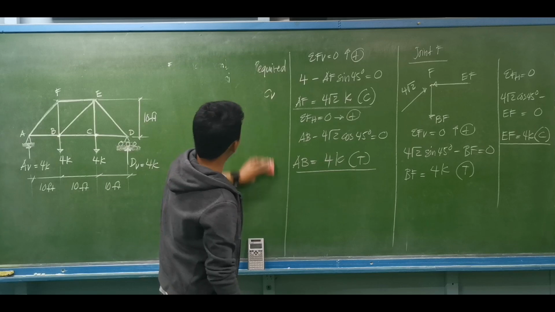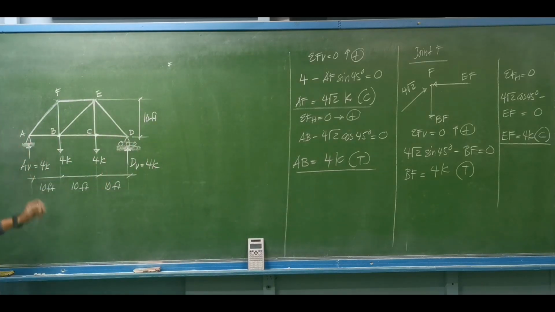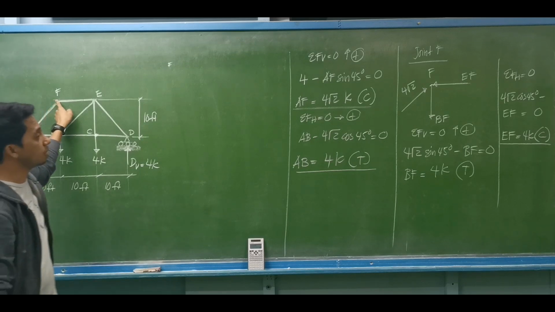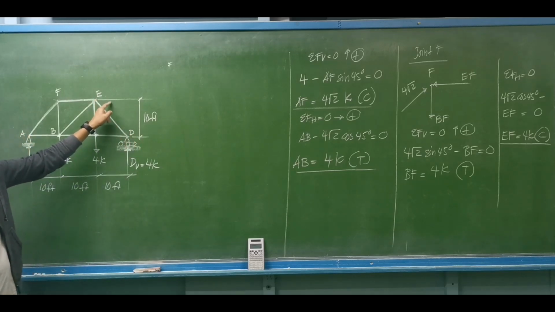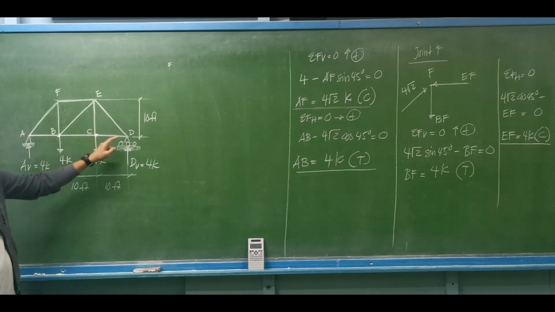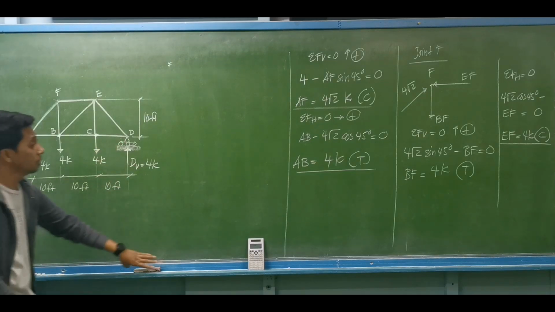We can solve just half of the truss since we have symmetrical loading. So more likely AF is the same as DE, and AB is the same as CD, since we have 4 kips support reactions at both supports.